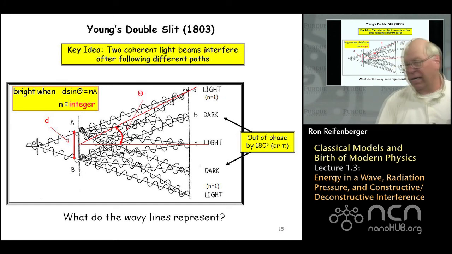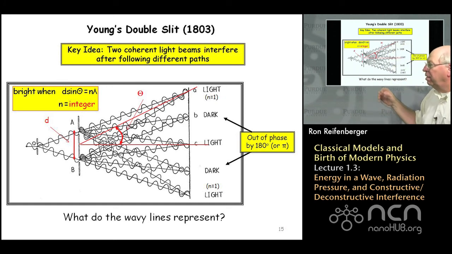This sequence of light and dark bands was a puzzle, and he was able to explain it by realizing that if light were a wave, then light from the top slit A can propagate to the screen and constructively interfere with light from the bottom slit B that also strikes the screen, provided the extra path length that the light from slit B follows is an integer number of wavelengths longer than the path length that the light from slit A follows.